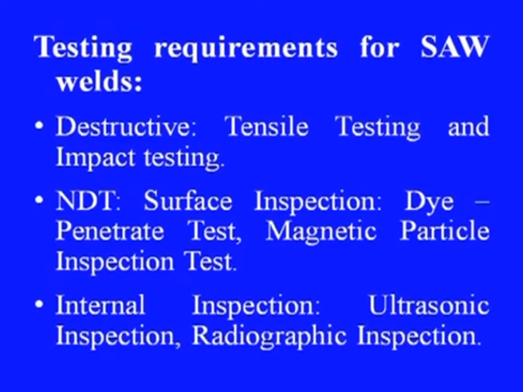This category includes surface inspection through dye penetration test, magnetic particle inspection test, etc. Then another category of inspection is internal inspection methods, which include ultrasonic inspection and radiographic inspection. Through these methods, one can assess whether there are some cracks or holes inside the welded portion.